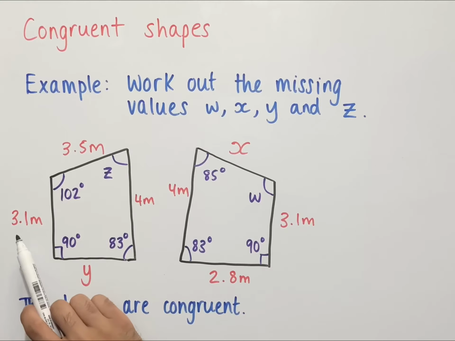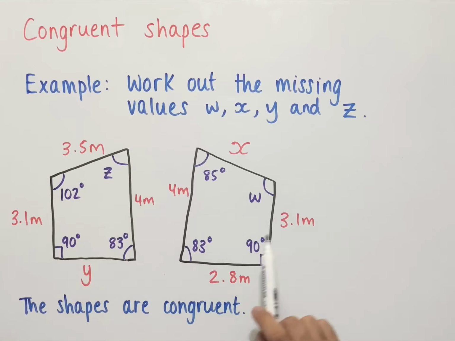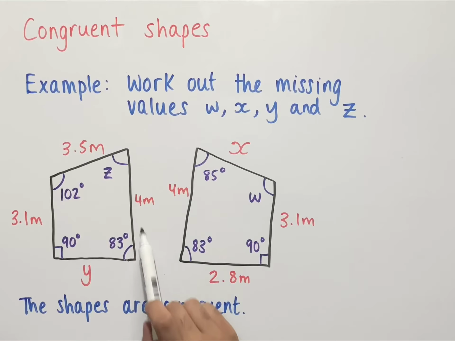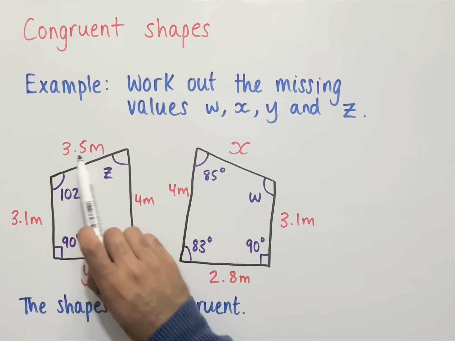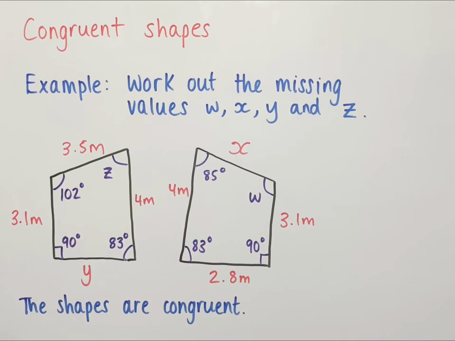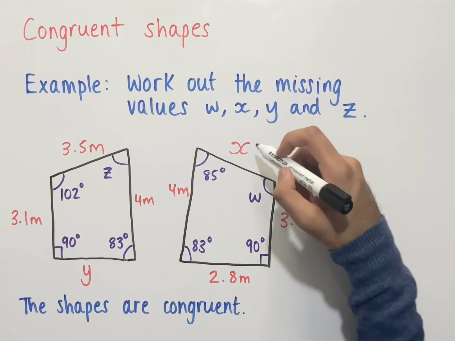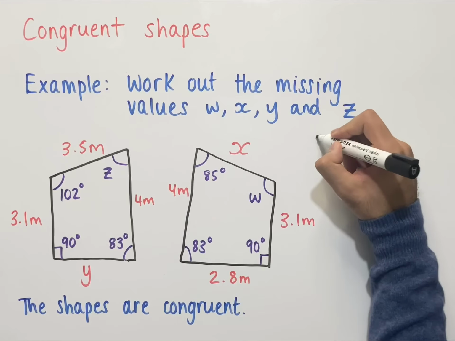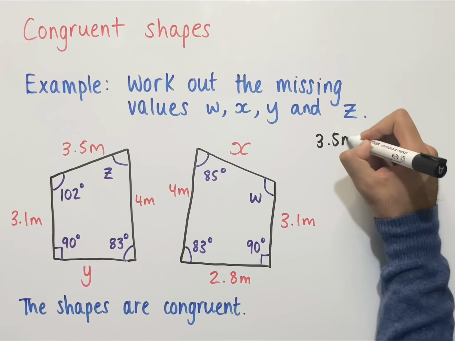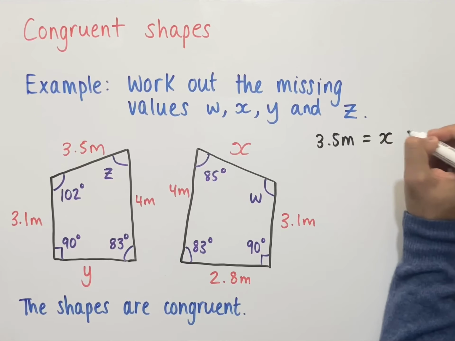You can see that this length is 3.1 meters and this length is also 3.1 meters, and they're corresponding. We can also see that this length is 4 meters and this length is also 4 meters, and they're corresponding. And so these top two lengths must also be corresponding. So we can equate the two lengths to give us that 3.5 meters equals x.